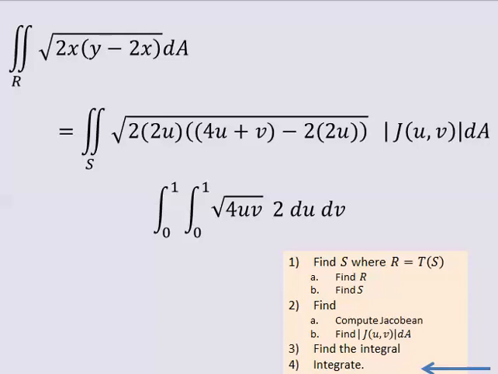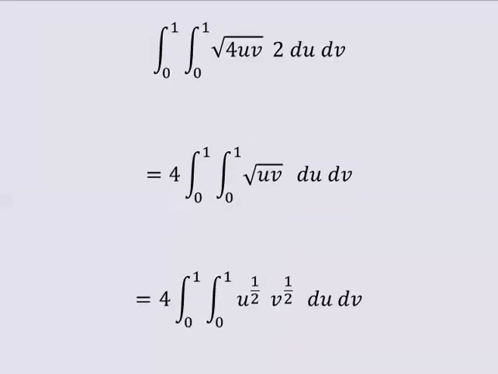And lastly, integrate. Once we have found our new boundaries and the new transformation, the integration is pretty straightforward. That was the whole point, to make the integrand easier to work with.